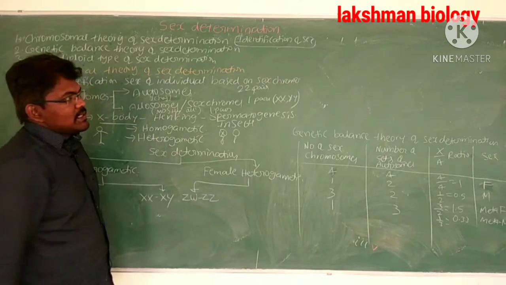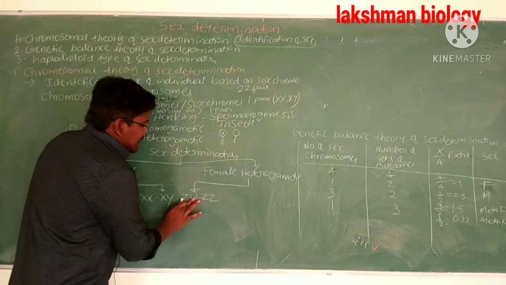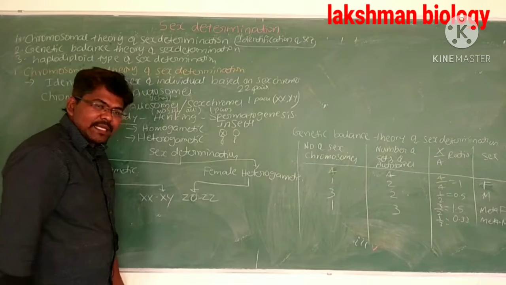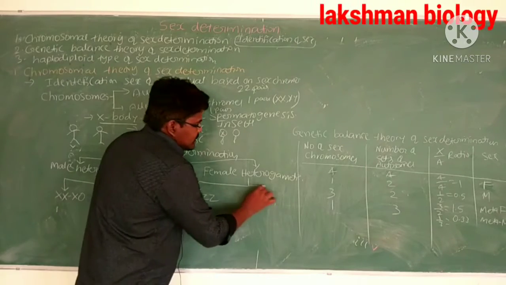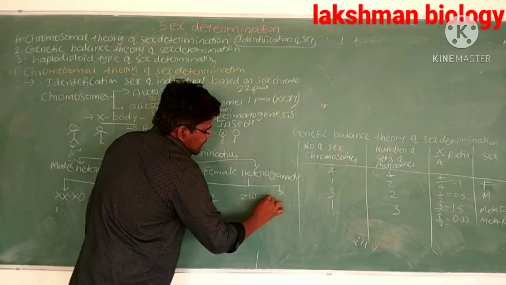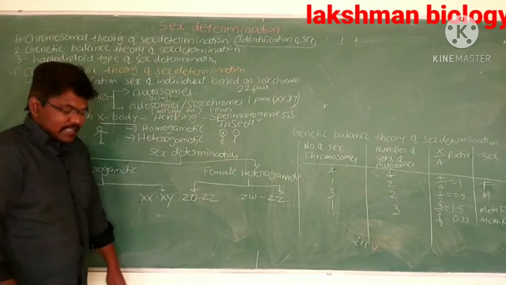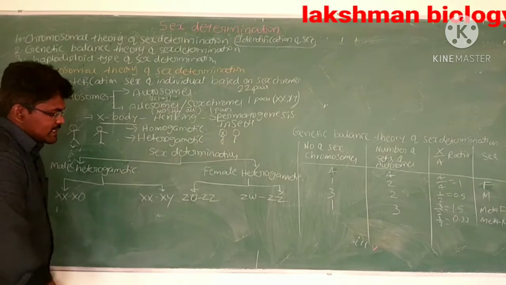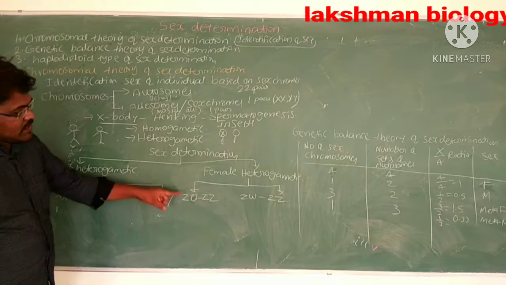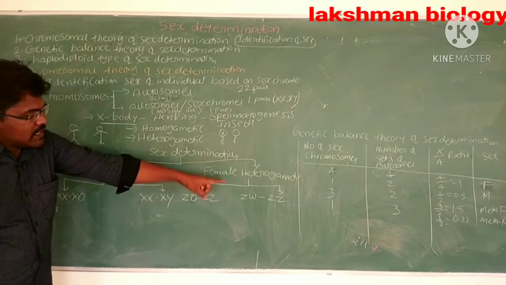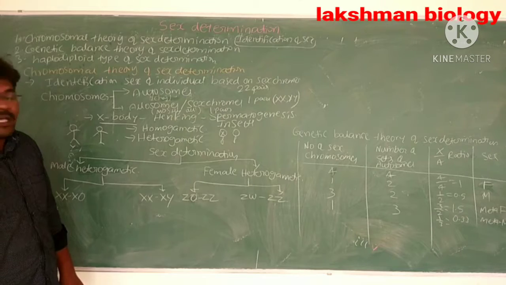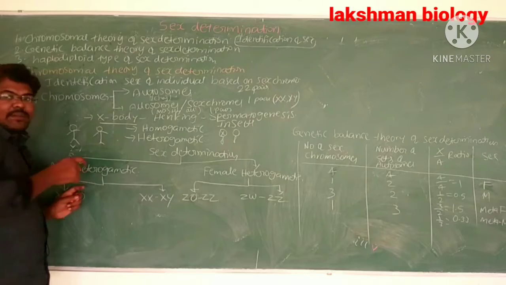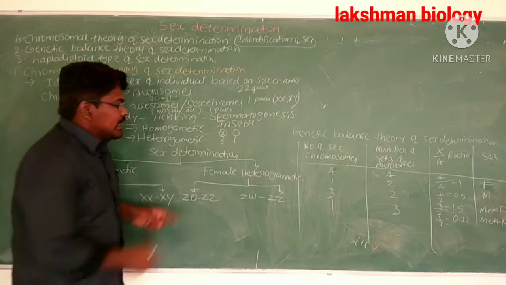The first is ZZ/ZW type of sex determination, where the female is heterogamatic and the male is homogamatic. The next is ZZ/ZO type. So we can observe four different types of sex determination: two in male heterogamatic and two in female heterogamatic.